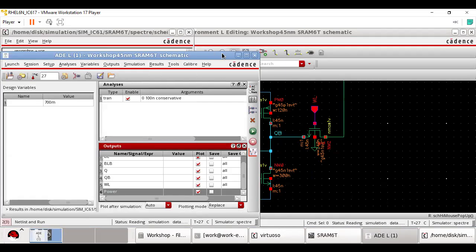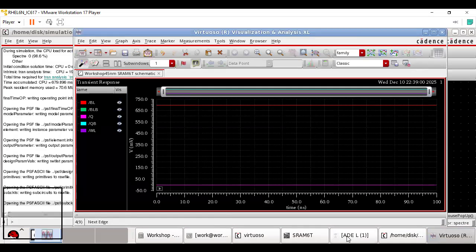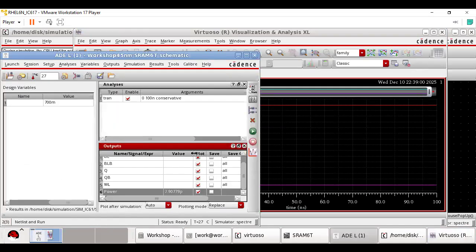It was initially 5.566 something, and now it has gone to 7.90, approx 1.5 times. The leakage has gone up by 1.5 times. But your SRAM cell is reading in a better way. Your BL is getting pulled down.